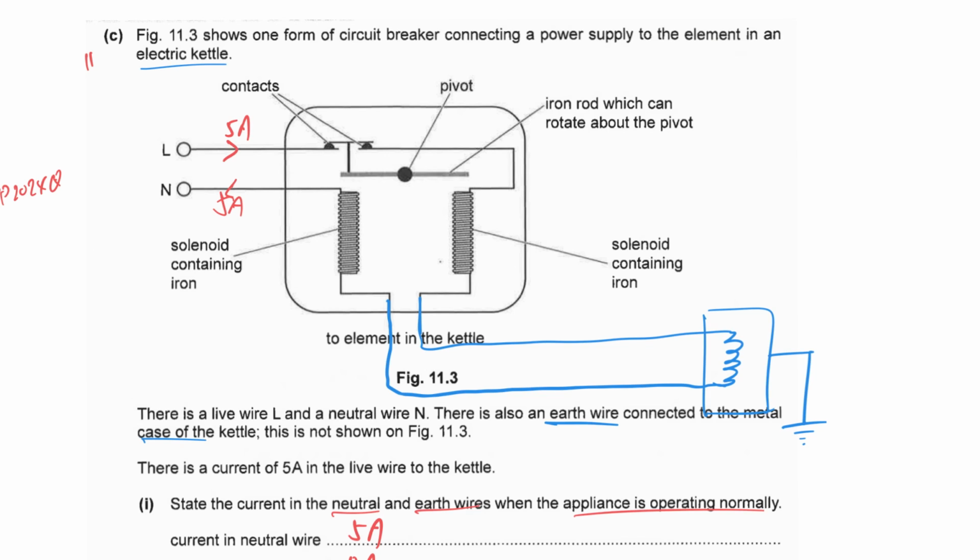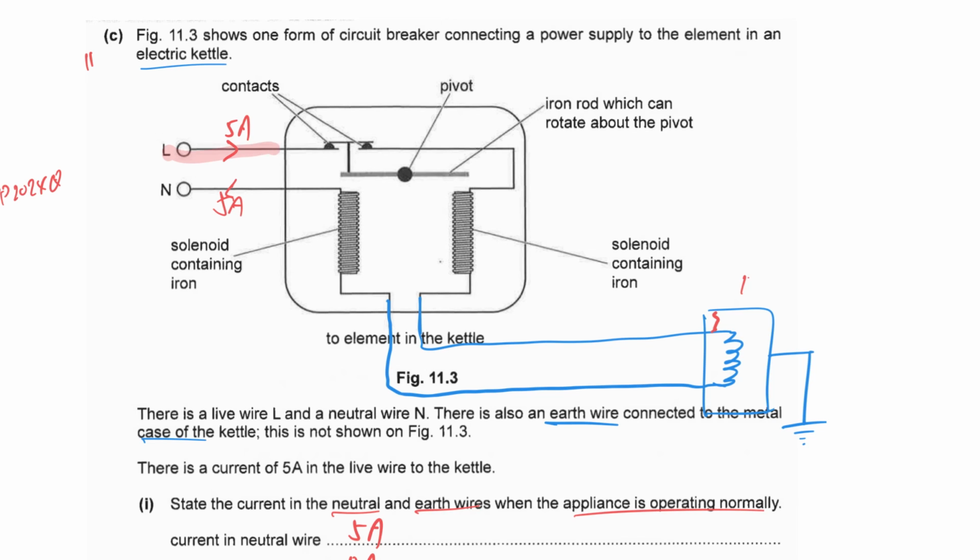Now, as mentioned, because the diagram given to you is slightly different, you have to understand this in order to explain. So let's assume there's an electrical fault where the live wire touches the metal casing, it will become live at 240. And how will the short circuit current flow through?